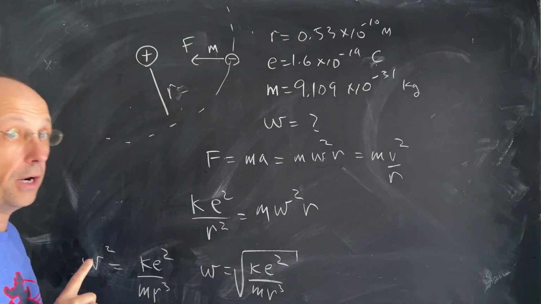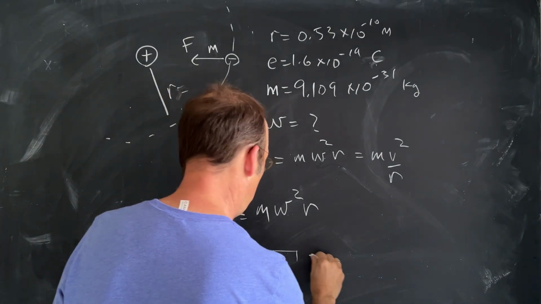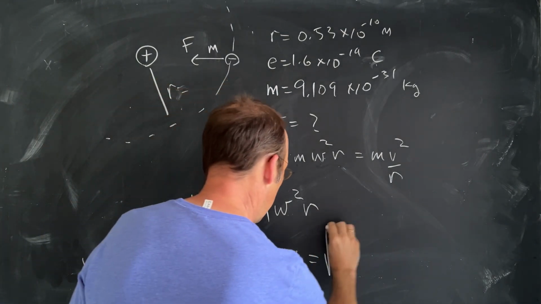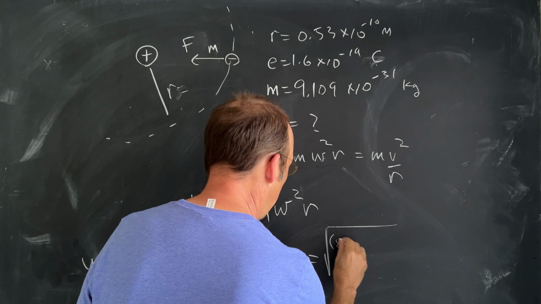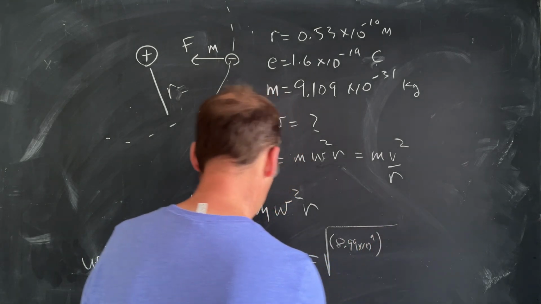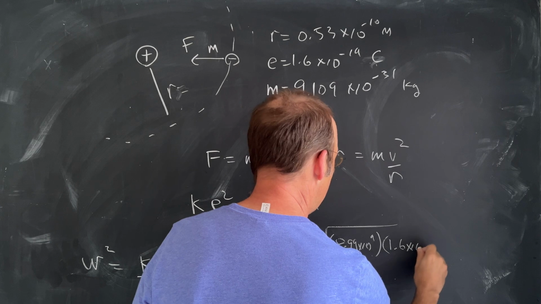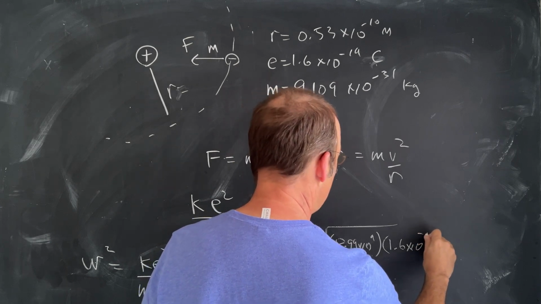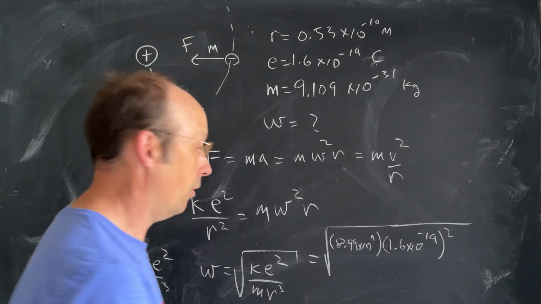Now, let's go ahead and put our numbers in there because you will make a mistake if you're not careful. So this is going to be equal to, I'm going to put it right here, the square root of k. I'm going to not put my units. 8.99 times 10 to the 9th. e squared is 1.6 times 10 to the negative 19, quantity squared. You see what we have there? It's getting a little complicated.